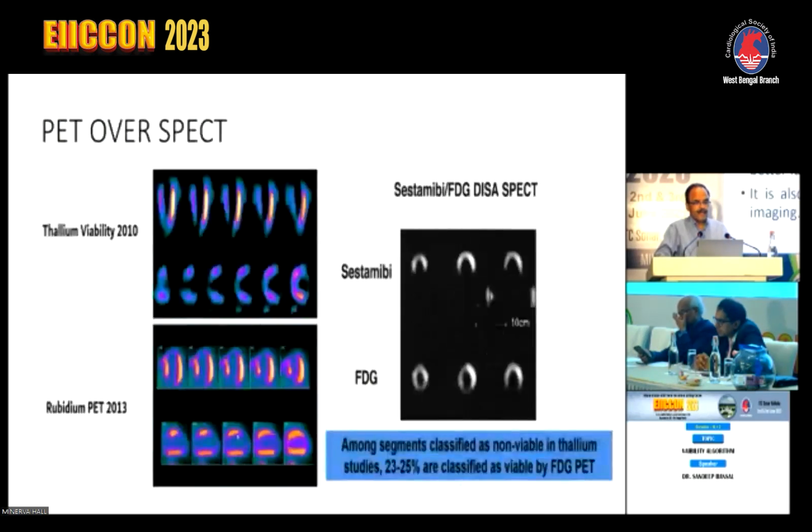So this is a typical PET scan at the bottom. It has been seen that almost 1 in 4 segments which are classified as non-viable on a stress thallium scan or a stress MPI scan are actually determined to be viable on a PET scan.